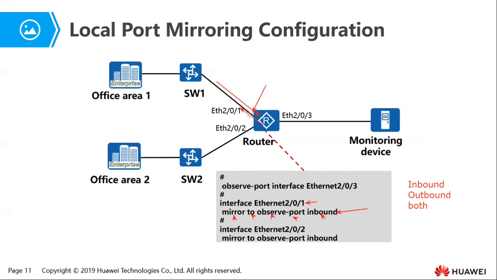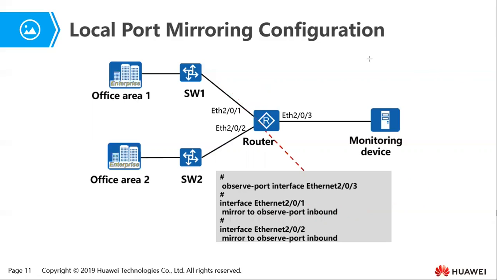So if you want to monitor packets coming from Office 1, we set inbound. If you want to copy packets that are going to Office 1, we set outbound. If you want to mirror both, then we use the both option there.